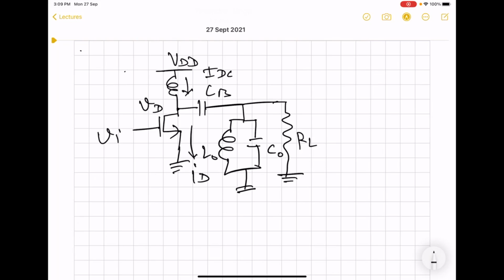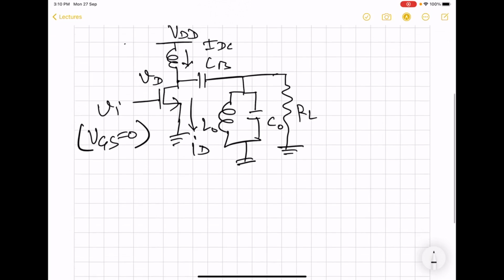So this is a circuit for class B, and here the operation in class B mode will be decided by this gate to source voltage, which will be 0.